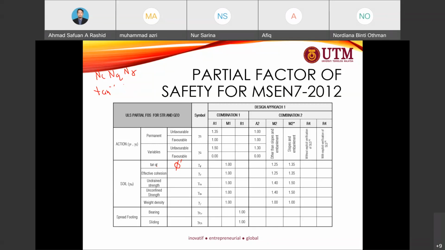Then we need to apply the inverse tangent to get the value of phi itself later. I will discuss this later in the example.